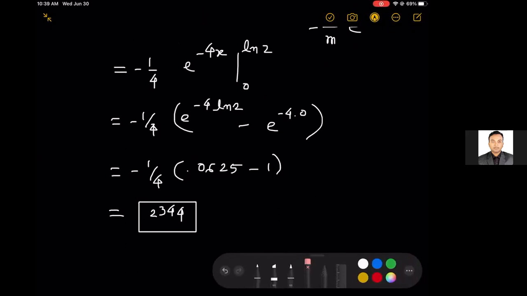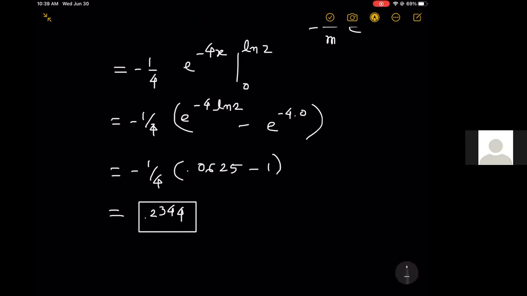I have a question. If they ask for an exact number for the answer, should we keep it a fraction or answer it in a decimal? Okay. So what do you mean by exact? I mean, this could go on forever, right? I have just taken this up to 4 decimals.